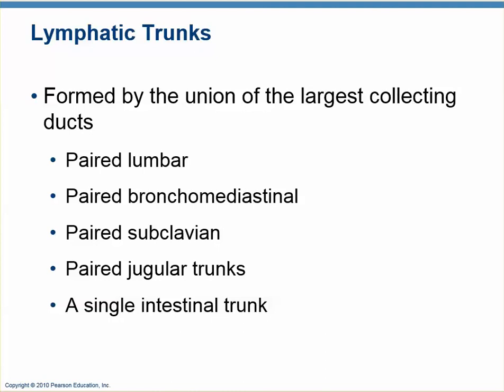There are two that drain the head, one on either side, called the jugular trunks. There's one that drains the digestive tract, where the lacteals all drain into, called the intestinal trunk. So we have two lumbar, two bronchiomediastinal, two subclavian, two jugular, and one intestinal trunk.